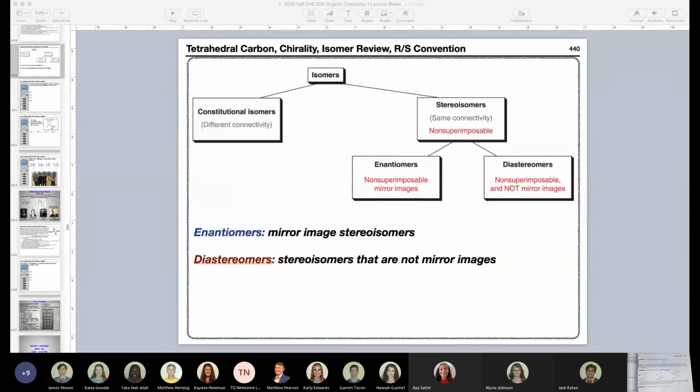Now that you've done that, which carbon is the chirality center?